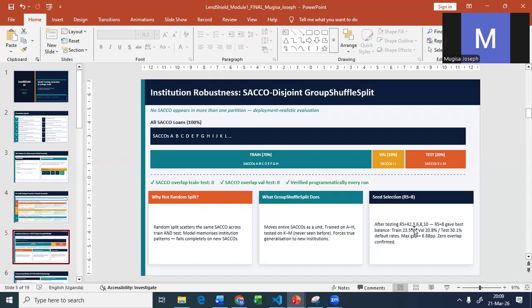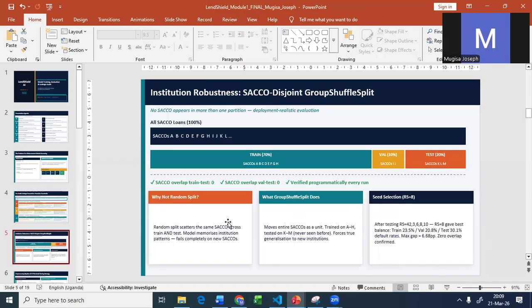We have concerns that if we just split randomly, the model will just identify given circles' loan patterns.